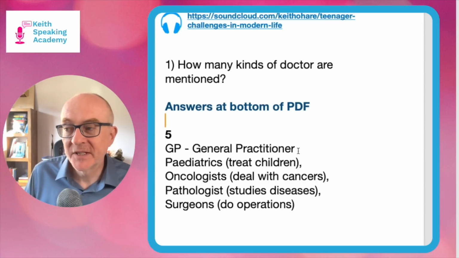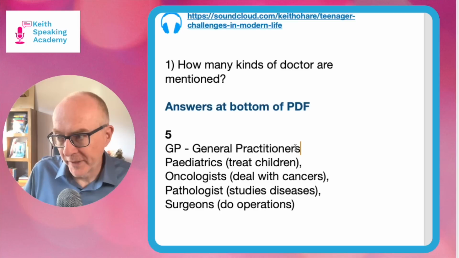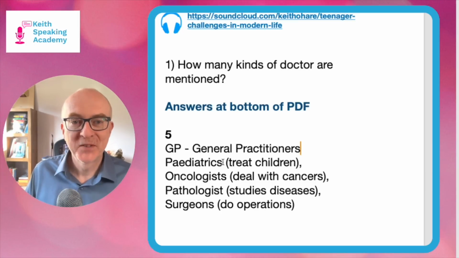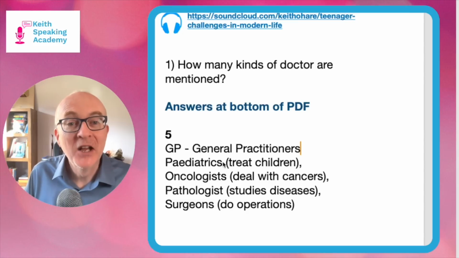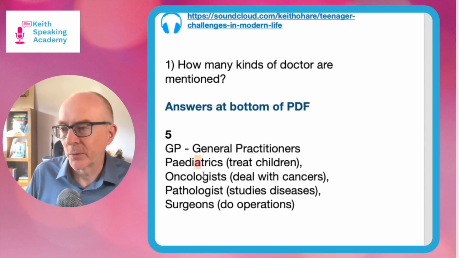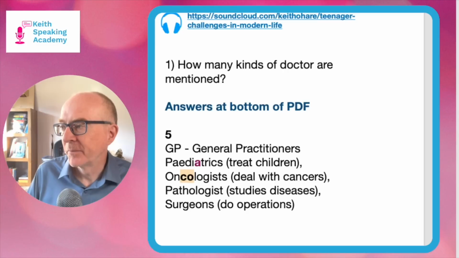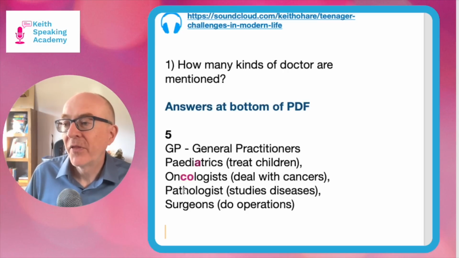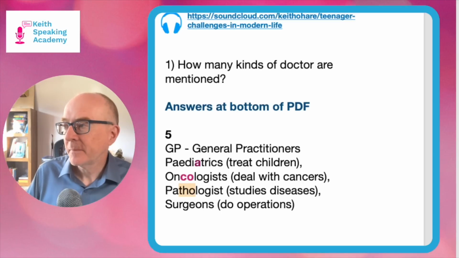paediatrics. So this is in plural, right? Paediatrics. So you can practice your pronunciation. Oncologists. Let me emphasize, just to help you. You're not going to use these words, I know. But just in case you're in the business. Oncologist, pathologists, surgeons.